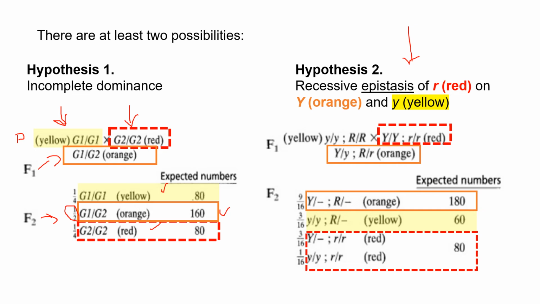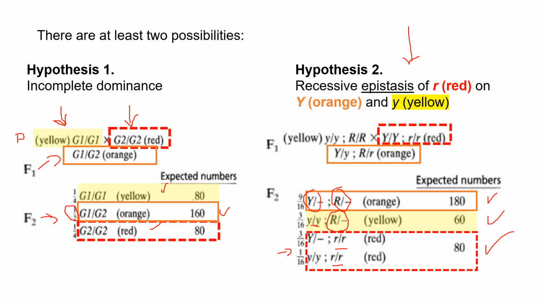If you get the recessive, it will be red. If you get a capital R and you get this too, it will be yellow. And if you get a capital R and a capital Y, you get orange. So you can see those examples.